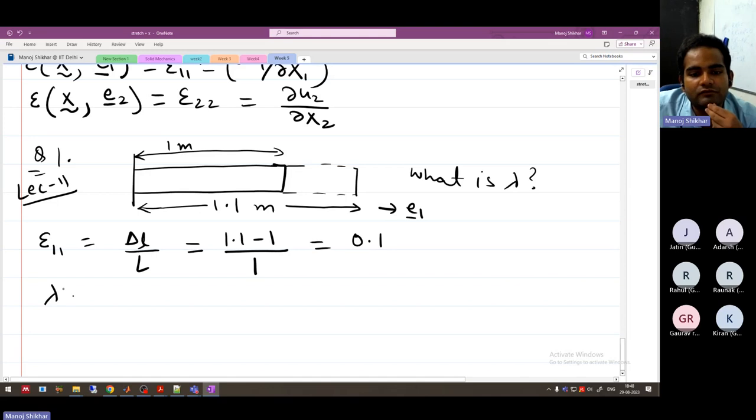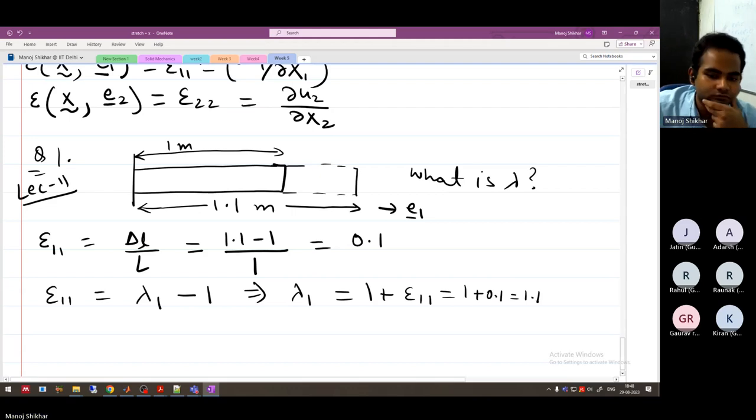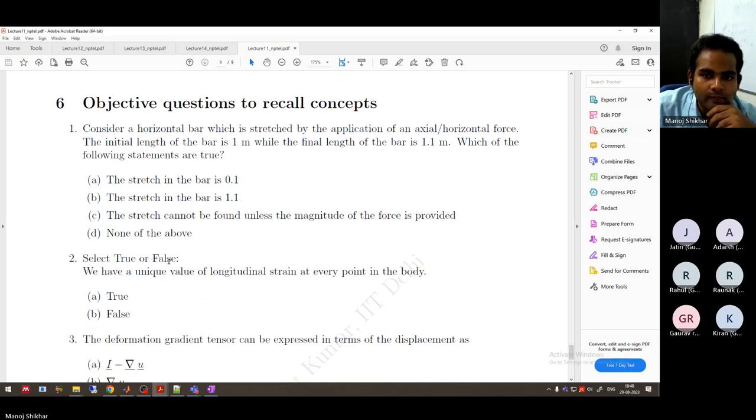And we know that lambda 1 will be stretch along direction E1, so we can write it as lambda 1 equal to 1 plus epsilon 1. 1 plus 0.1. So stretch will be 1.1. So here is the answer. Stretch is 1.1. So answer will be B.